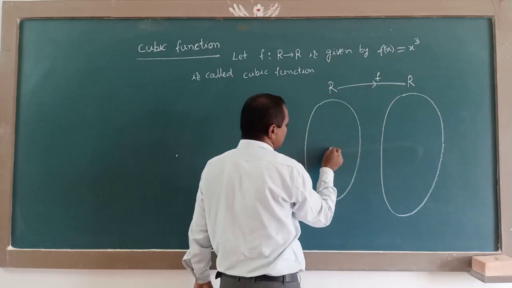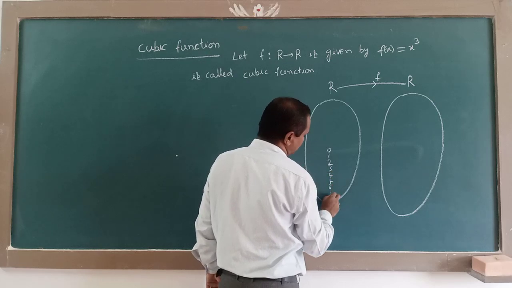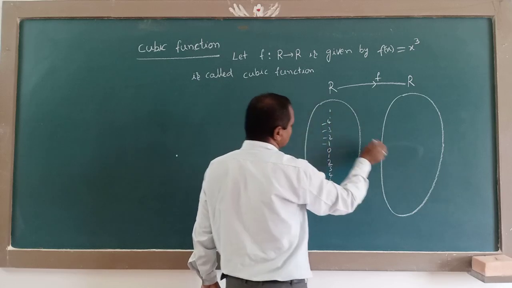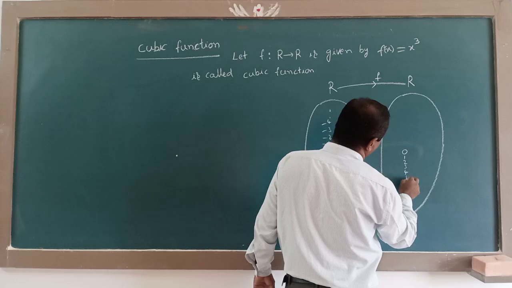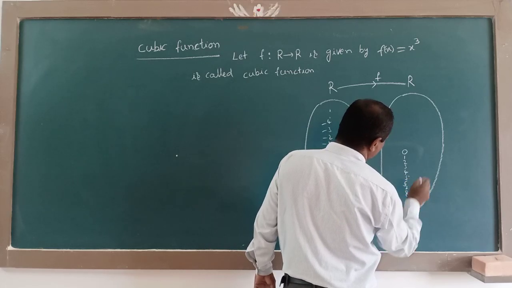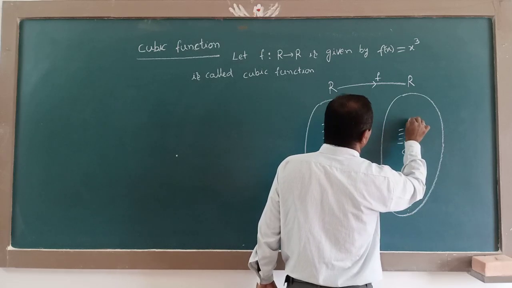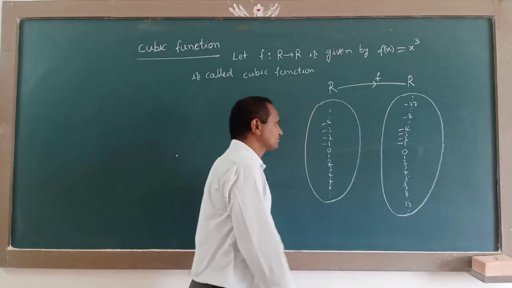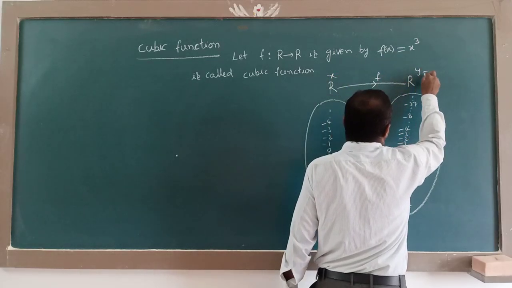Here 0, 1, 2, 3, 4, 5, 6 and so on, minus 2, minus 3, minus 4. On the other side 0, 1, 8, 27 and so on, minus 1, minus 2, minus 3, minus 4, minus 8, minus 27 like that. Here it is x and it is y is equal to x cube.